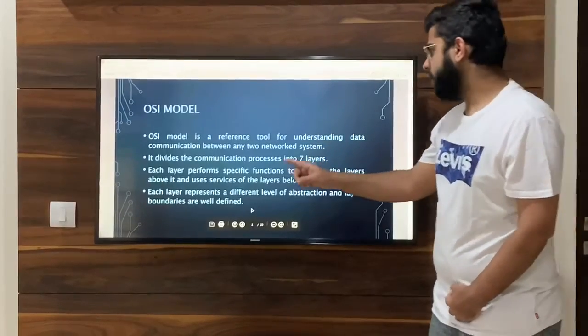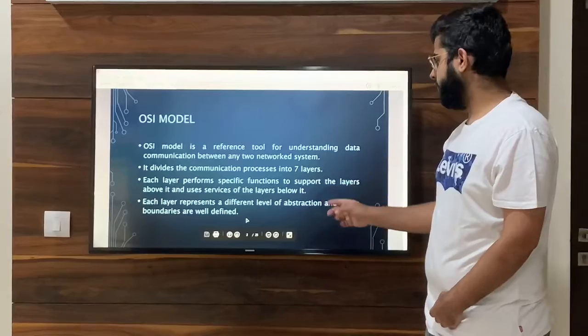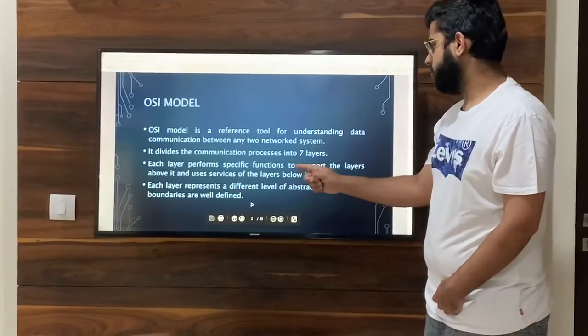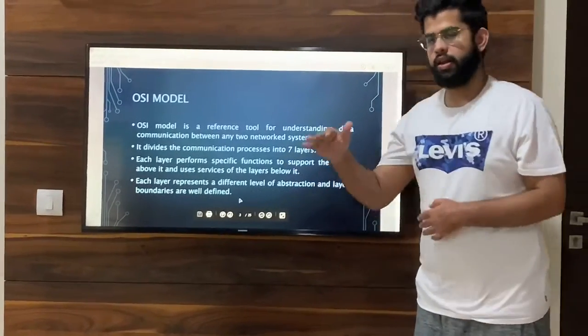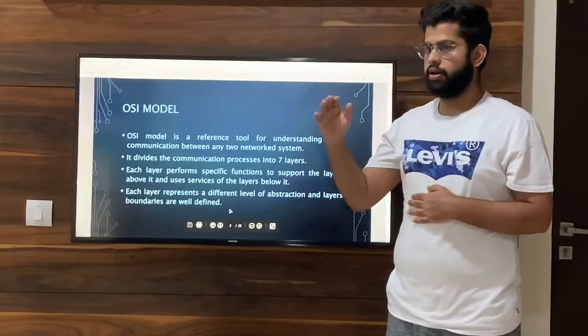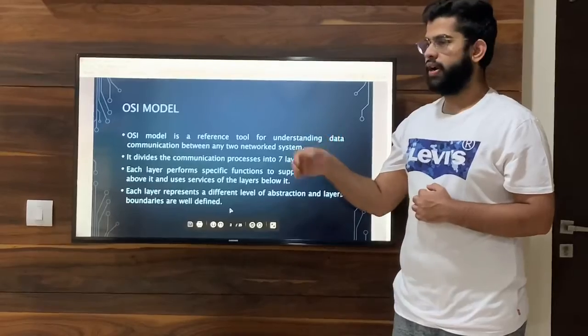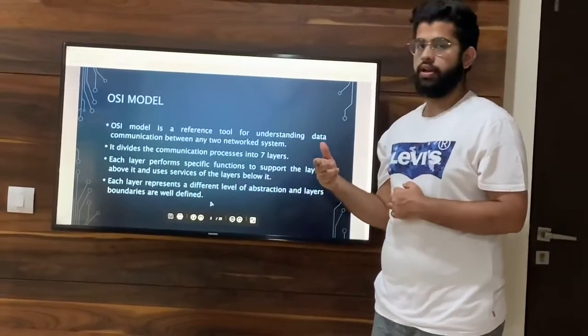Each of the layers is there for performing specific functions to support the layer above it and uses the service of the layer below it. So basically there are 7 layers in the OSI model, and each layer does its own work, that is, providing help to the upper one and taking help from the layer below.